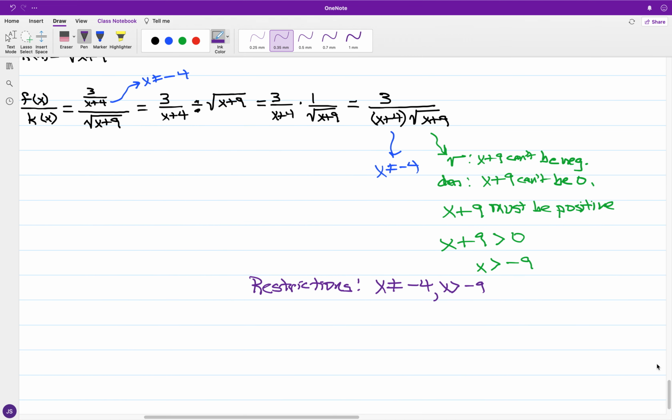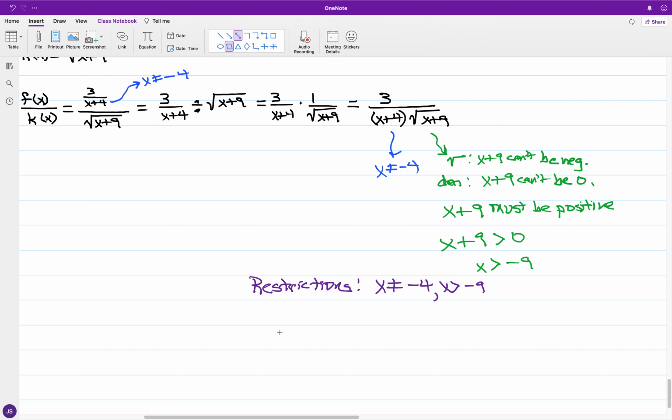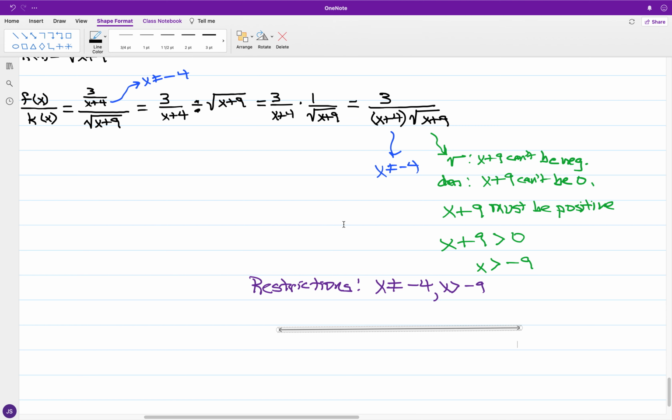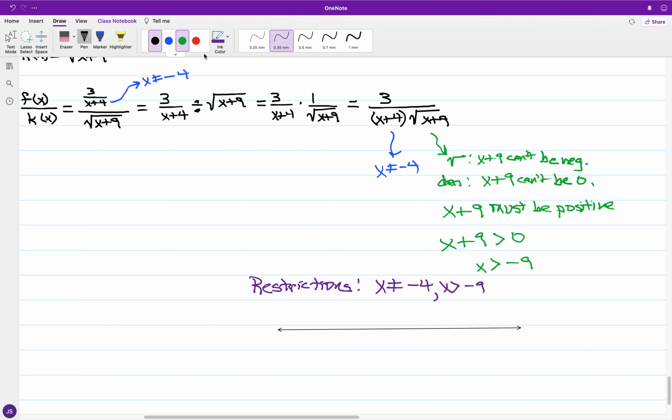And so for what we have in the case of the domain, we've got negative 9, negative 4, and this time, where the sum, difference and product functions were inclusive of negative 9, we're going to have it be exclusive of negative 9 for the quotient function.